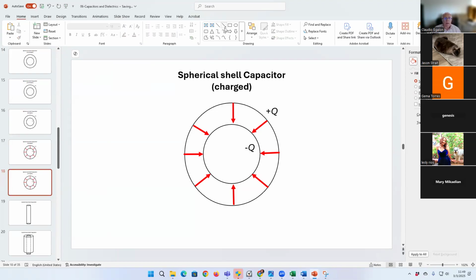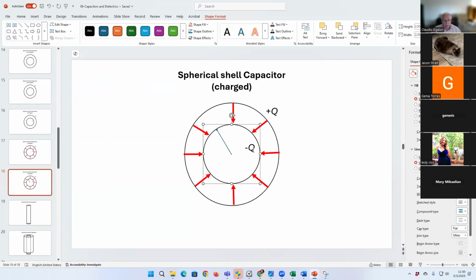And I'm going to do more than that. Here you go. I'm going to do something else. I'm going to tell you that this guy here is A. I don't need the electric field here. I'm going to take away the electric field.